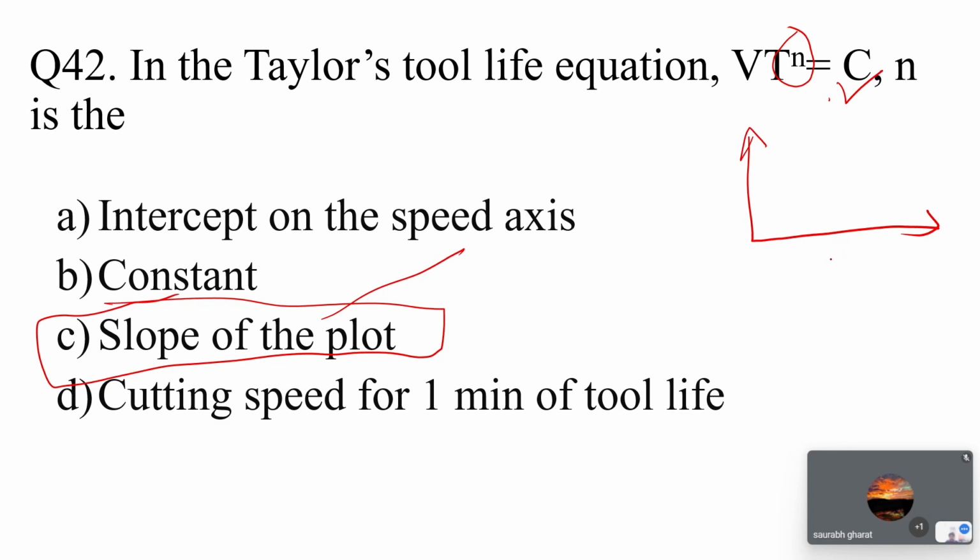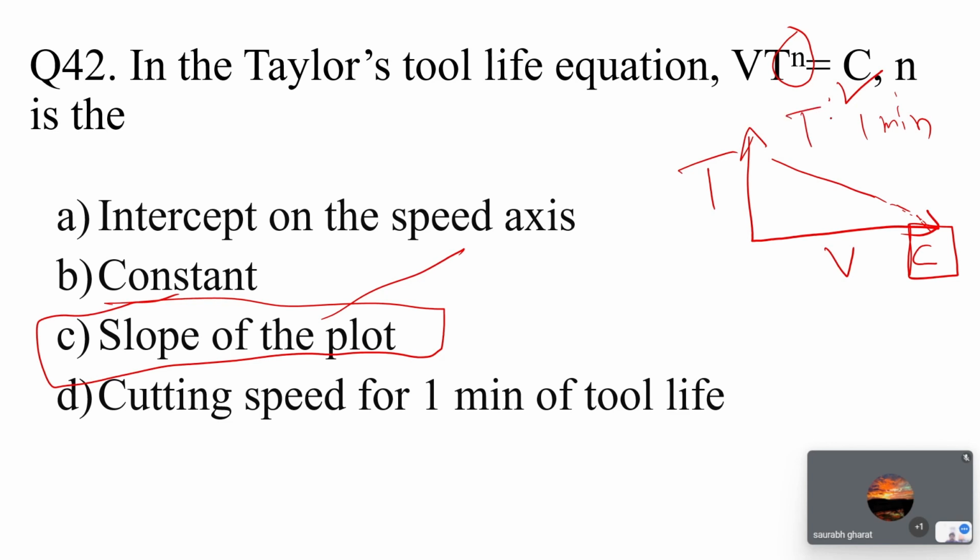The intercept of this is V, the cutting speed, on your tool life line. This is your slope. When we extend it further, this will be C.